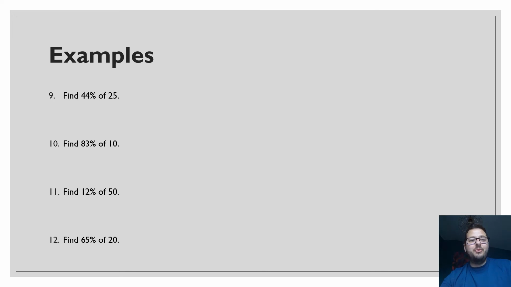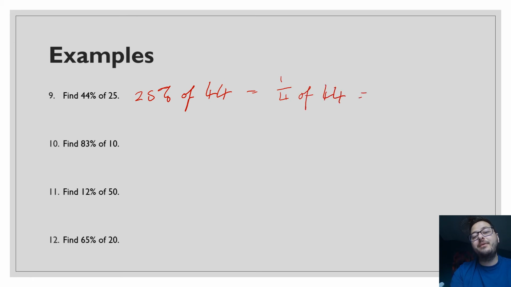All right, so for example, the first one, we want to find 44% of 25, but actually I can find 25% of 44. So 25% of 44 is a quarter of 44, and 44 divided by 4 is 11.